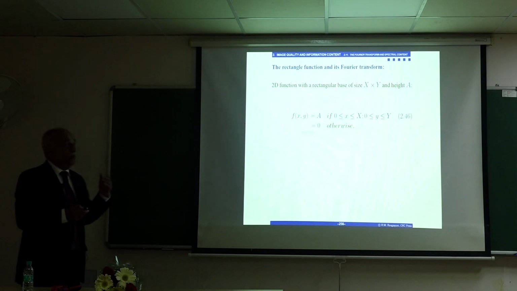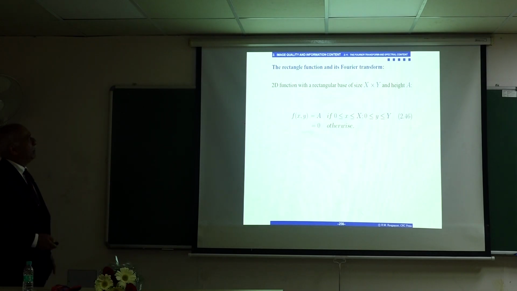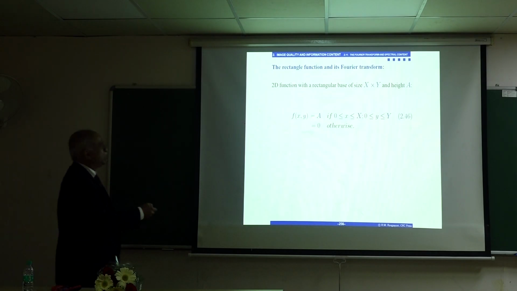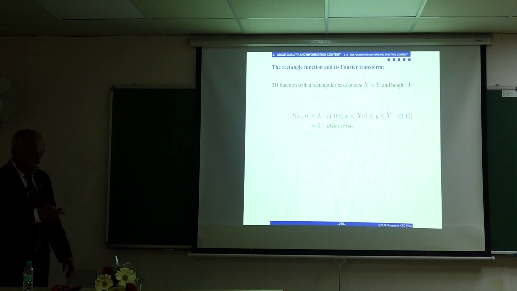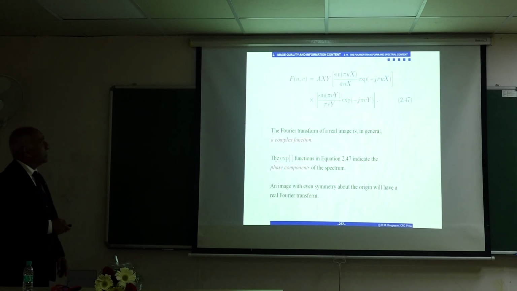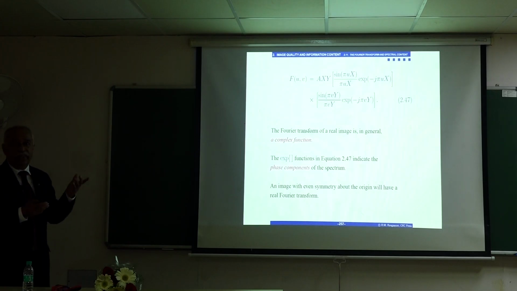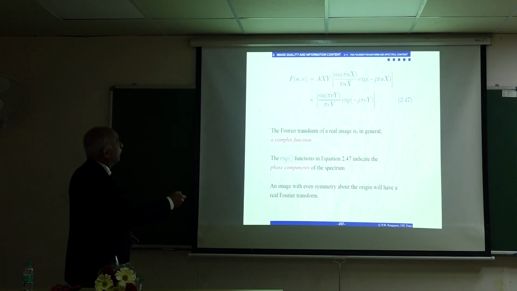So a few functions and their Fourier transforms. If you have a rectangle function, f(x,y) equal to A for x between 0 and capital X and y between 0 and capital Y, otherwise 0, then the Fourier transform is AXY times a sinc function. You know the gate function and sinc function, we have the same thing, rectangle function and sinc function, but the sinc function now has this.